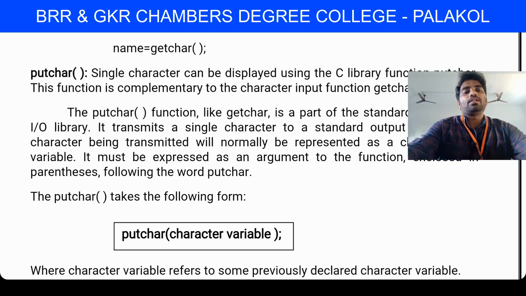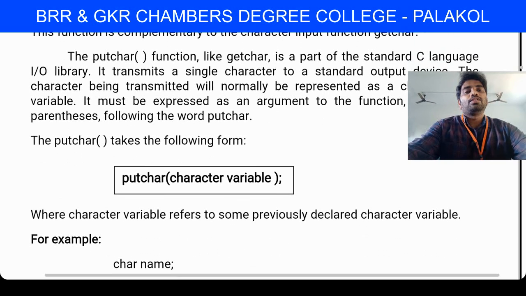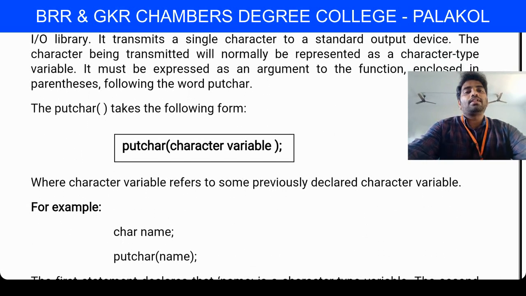After you declare the variable, the syntax is as follows. First, declare the variable: char name, semicolon. Previously you read one character into name. The character is displayed using putchar, open parenthesis, name, closed parenthesis, semicolon.